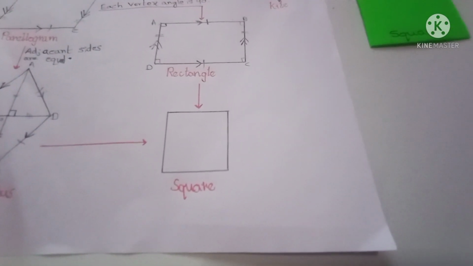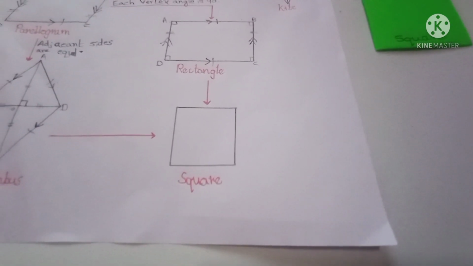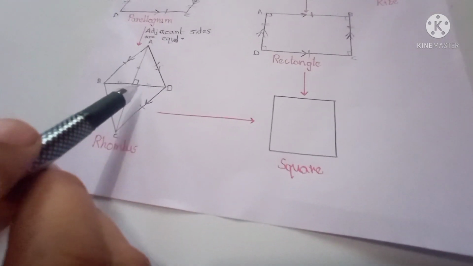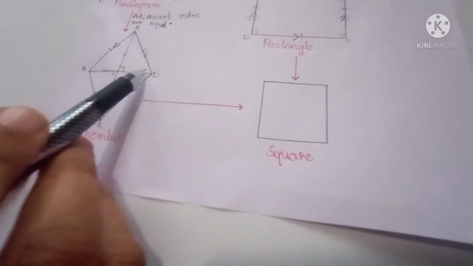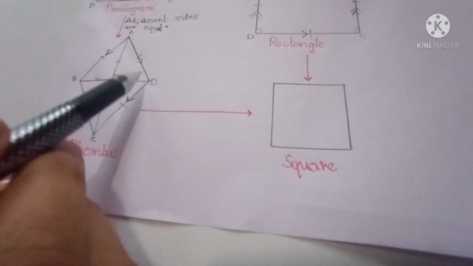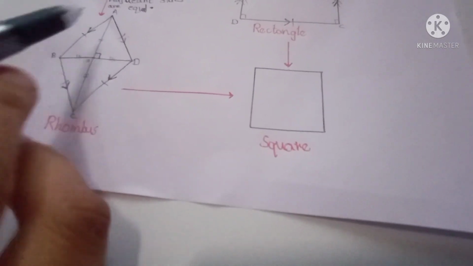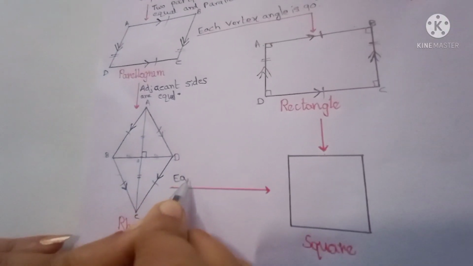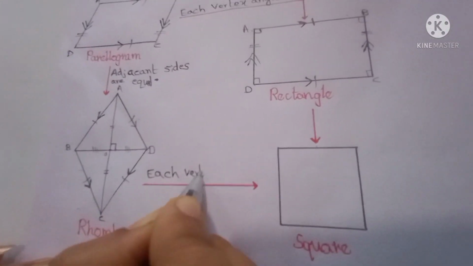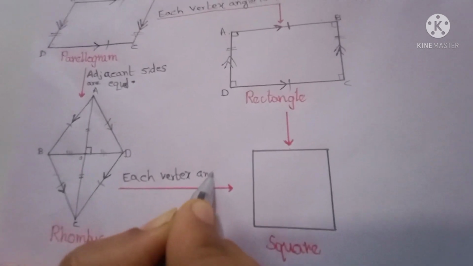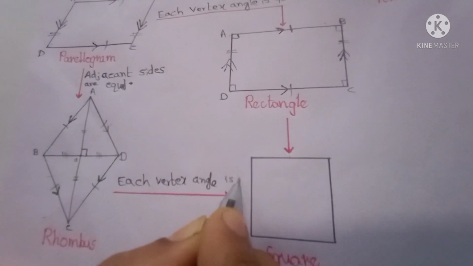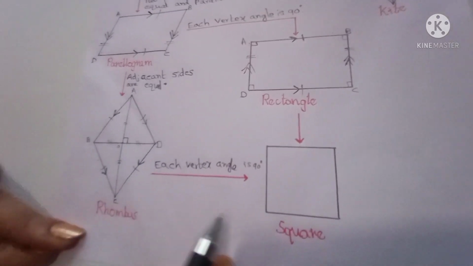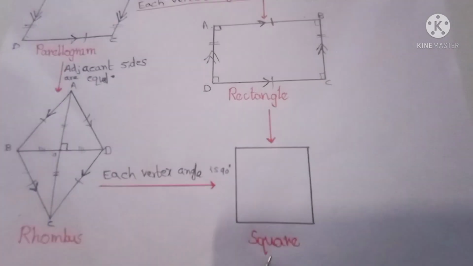And one more special case of a rhombus. In a rhombus, if each vertex angle is 90 degrees, then the rhombus becomes a square.